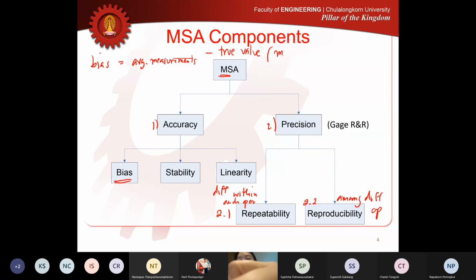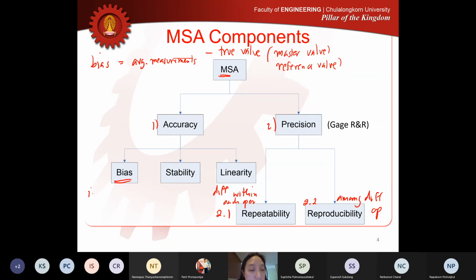We can say master value, or reference value, which means the value that we can refer to as a correct value. We can call it master value also.